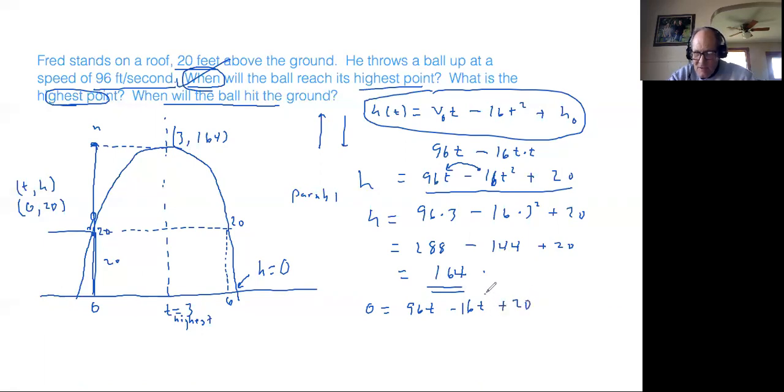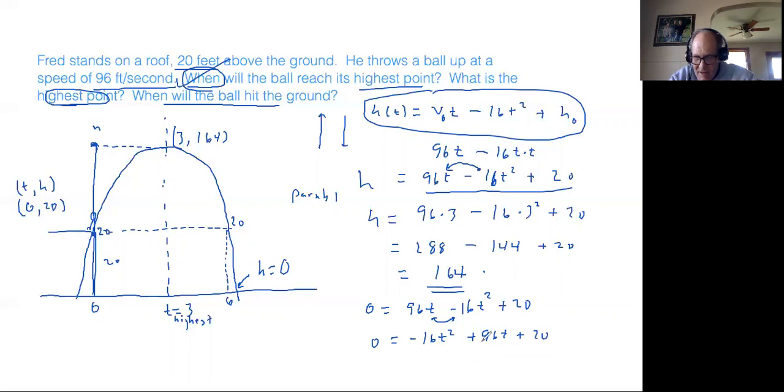Now, let's switch these two around so it looks like a quadratic equation: negative 16t squared plus 96t plus 20.